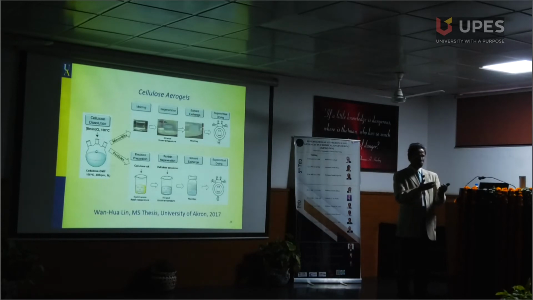You know, people have used sodium hydroxide, people have used ionic liquid, etc. So what we did is we used ionic liquid and dissolved cellulose into a gel, and then turned them into microparticles by capillary breakup.